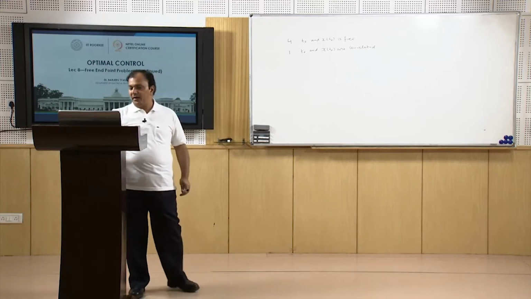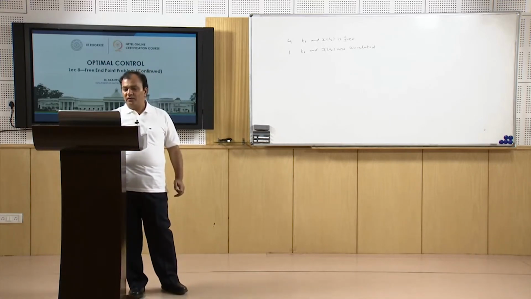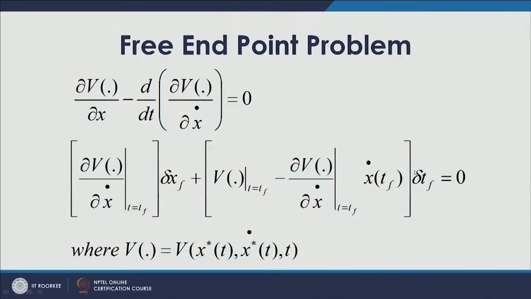If both are independent, naturally in this case whatever be the coefficient of delta xf, that will be 0, and whatever be the coefficient of delta tf, that will be 0, because both delta xf and delta tf will be arbitrary.